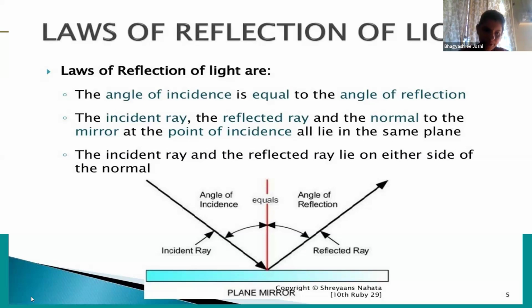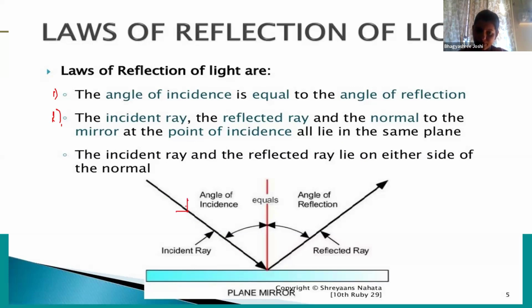So the incident ray, reflected ray, and normal to the mirror at the point of incidence all lie in the same plane. This is the second law. The incident ray and the reflected ray lie on either side of the normal. So here you can see, this is the incident ray.